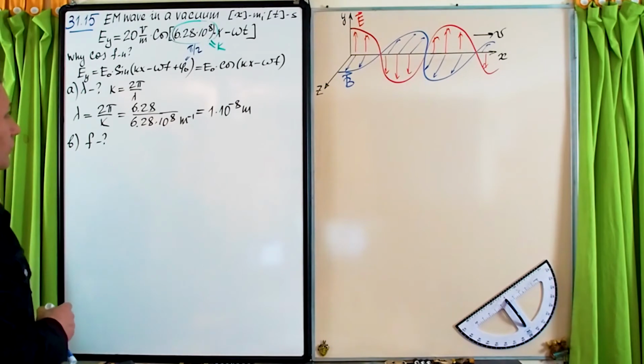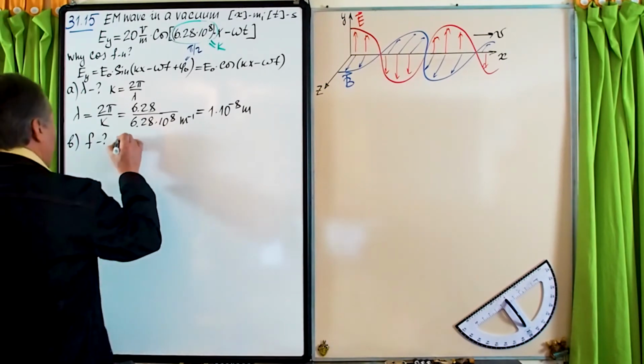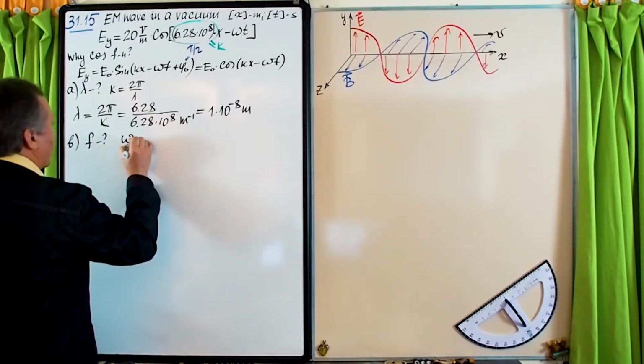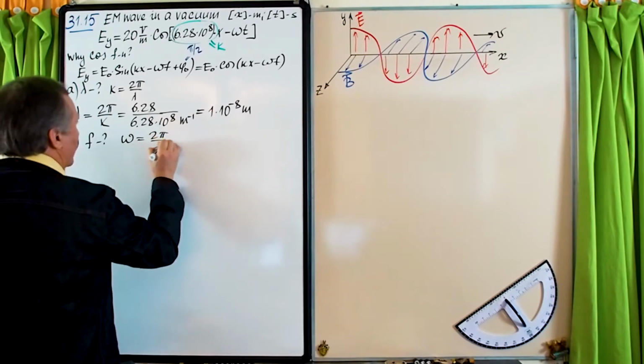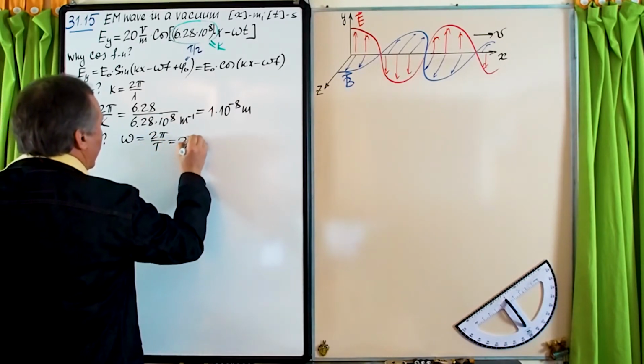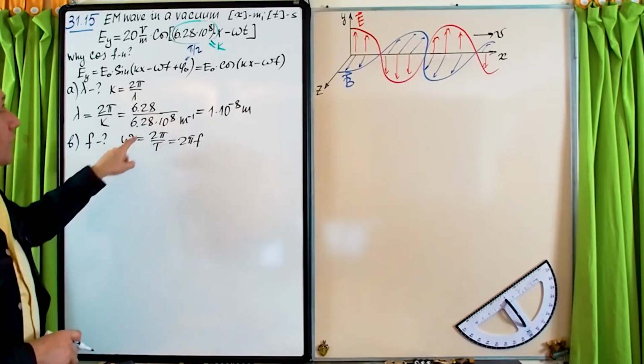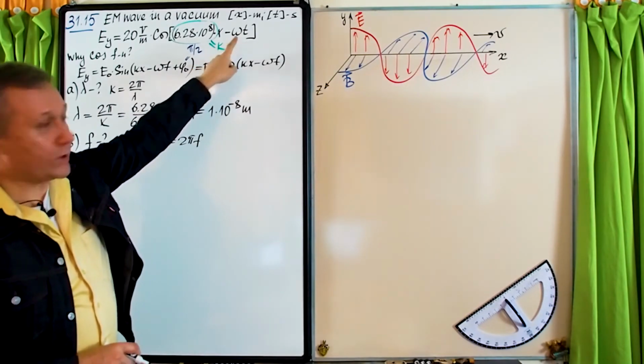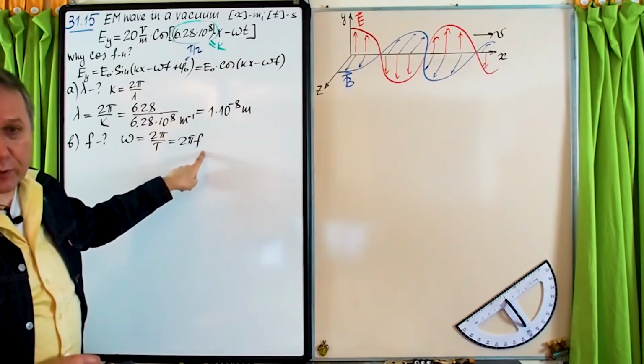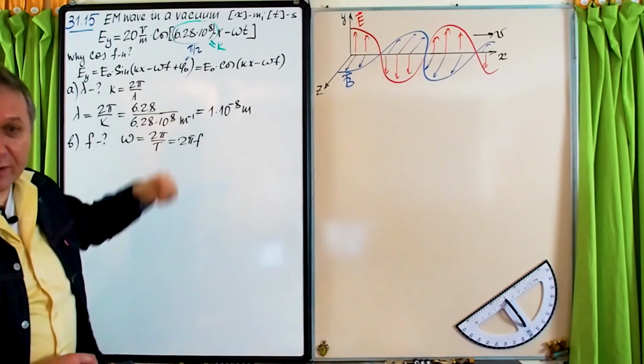Of course, we would usually use this. Omega is introduced as 2 pi over T, or 2 pi f, and from here, if omega were given, we would be able to find f. But omega is not given.